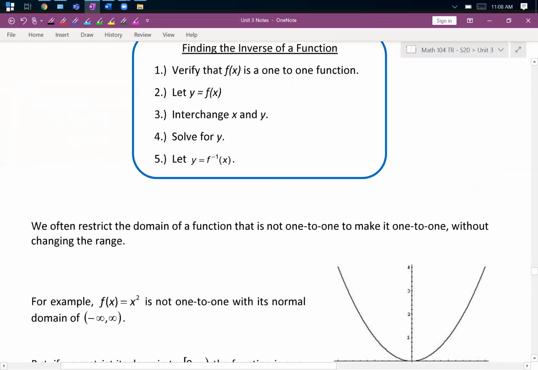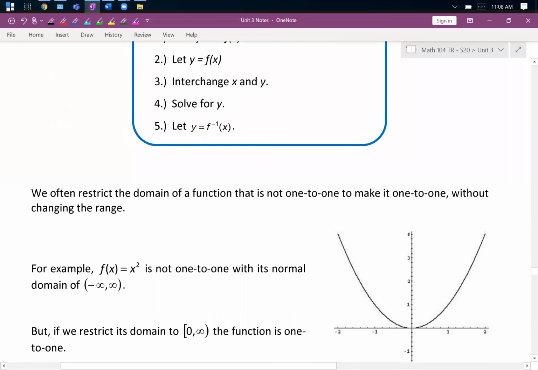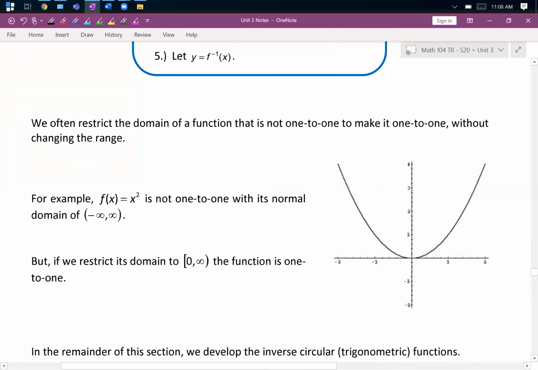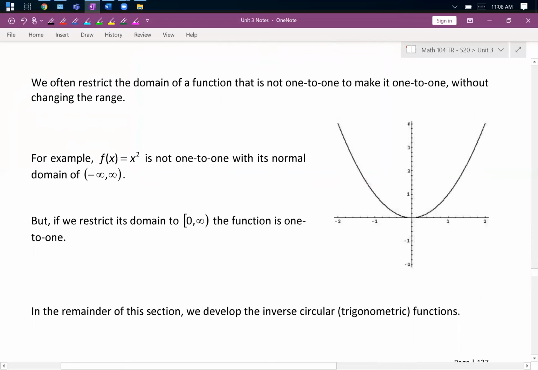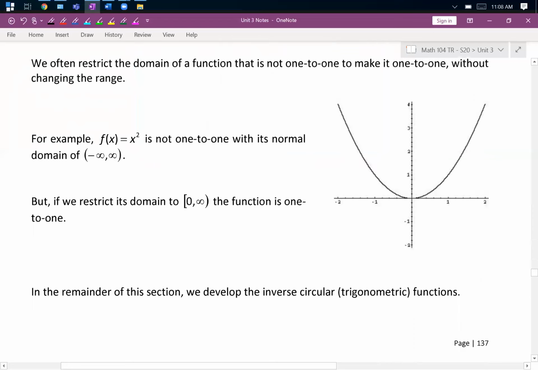Now, we often restrict the domain of a function that's not one-to-one to make it one-to-one without changing the range. So, for example, we have f of x equals x squared. This is not a one-to-one function because it fails the horizontal line test if we look on its normal domain of all real numbers.